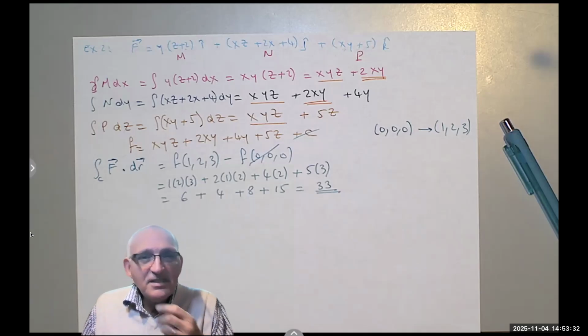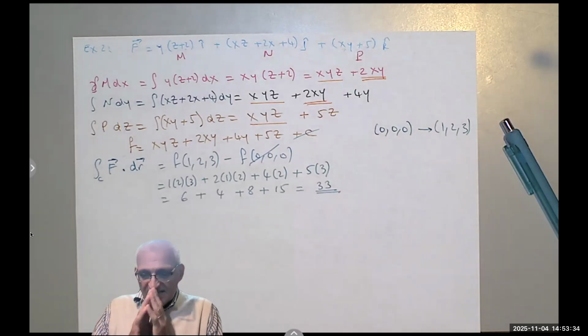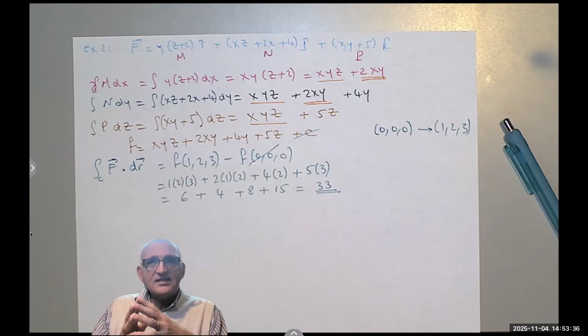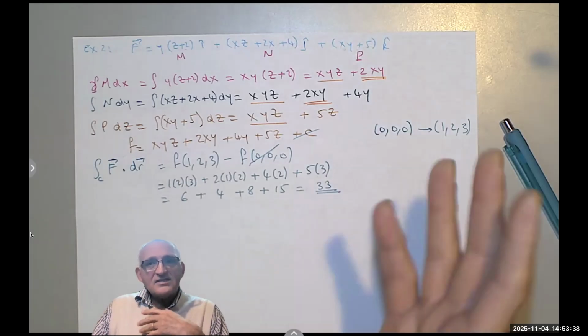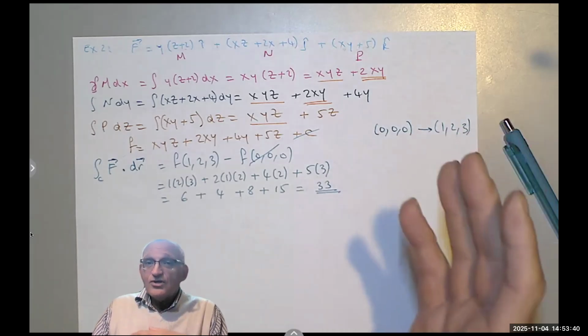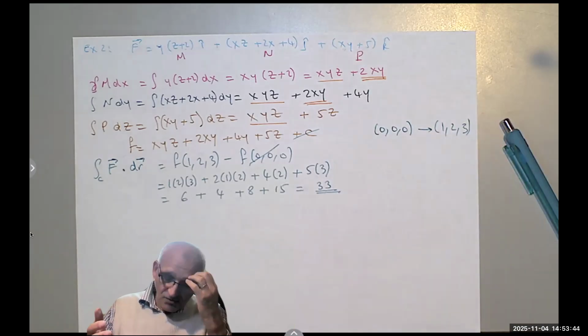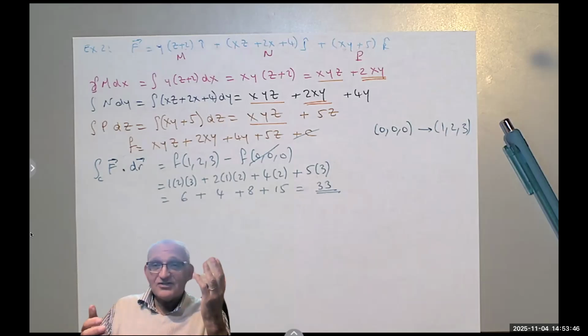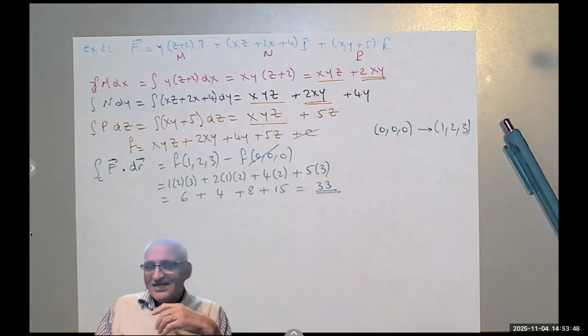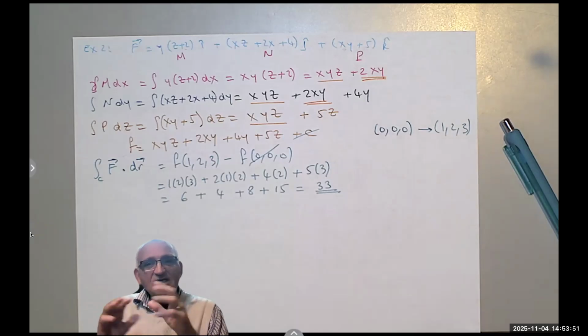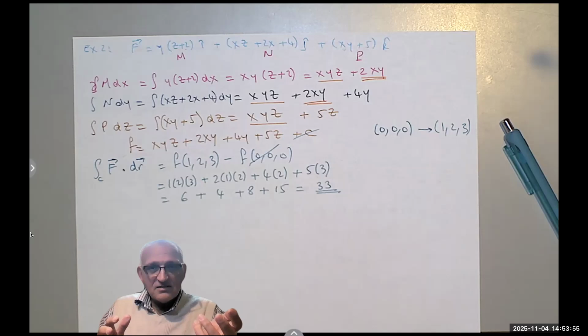And next time, maybe we are going to take a step further and look at what is the relationship between the curl and the divergence. I'm sorry, I said curve, right? The curl measures how your field is rotating in one direction or another.